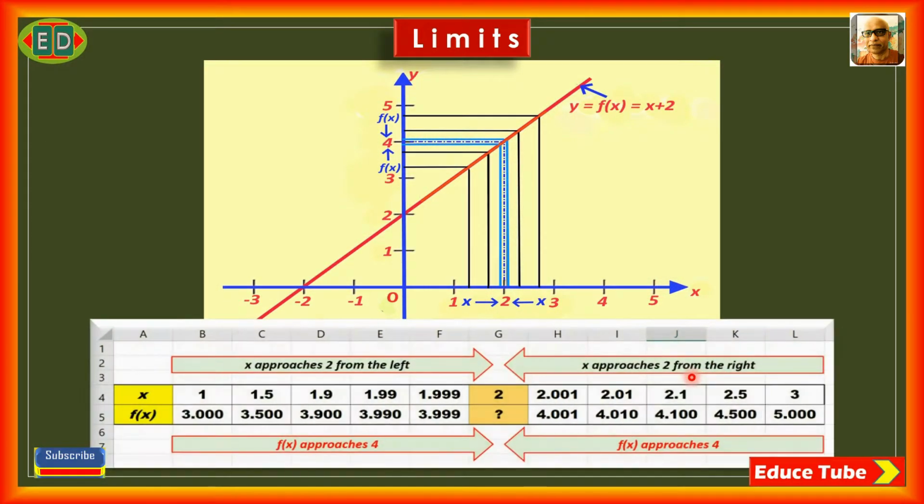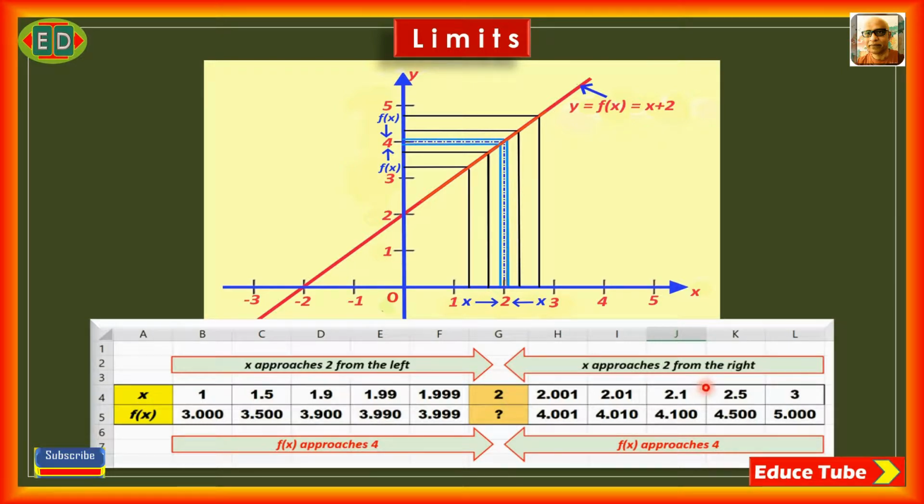Finding a limit using tables. That's what we will do here. For this part, x approaches 2 from the left and x values are from 1 to 1.999 and then 2.